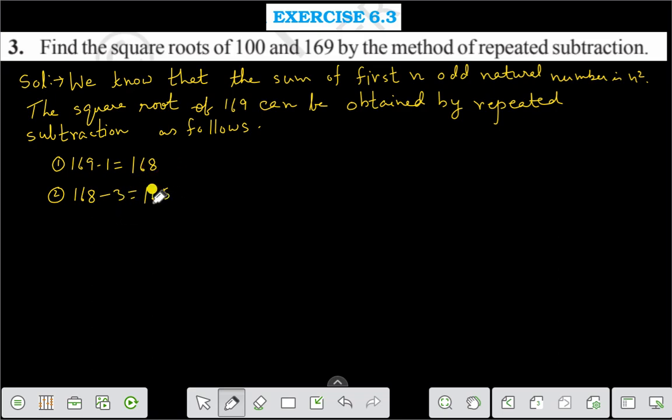Third step is 165 minus 5, that is equal to 160. Fourth step is 160 minus 7, which is equal to 153.